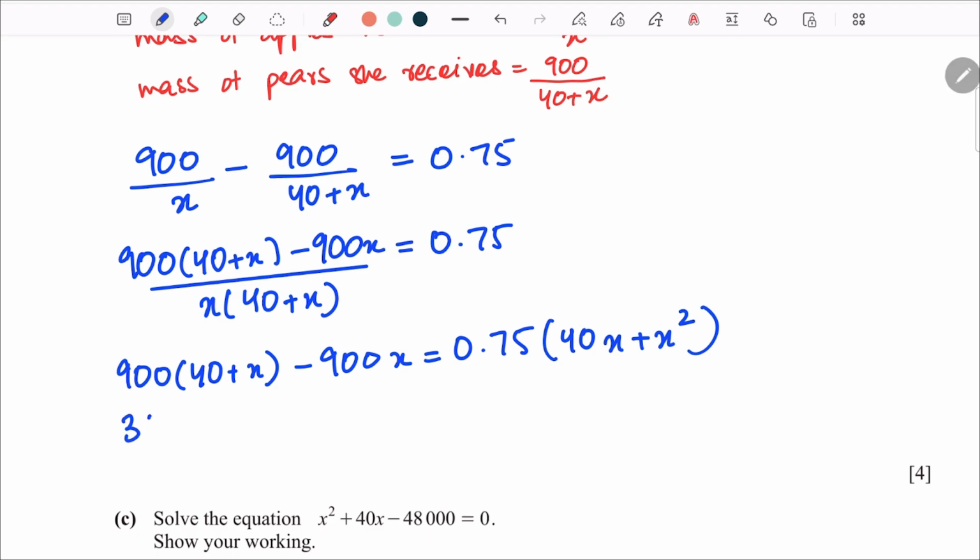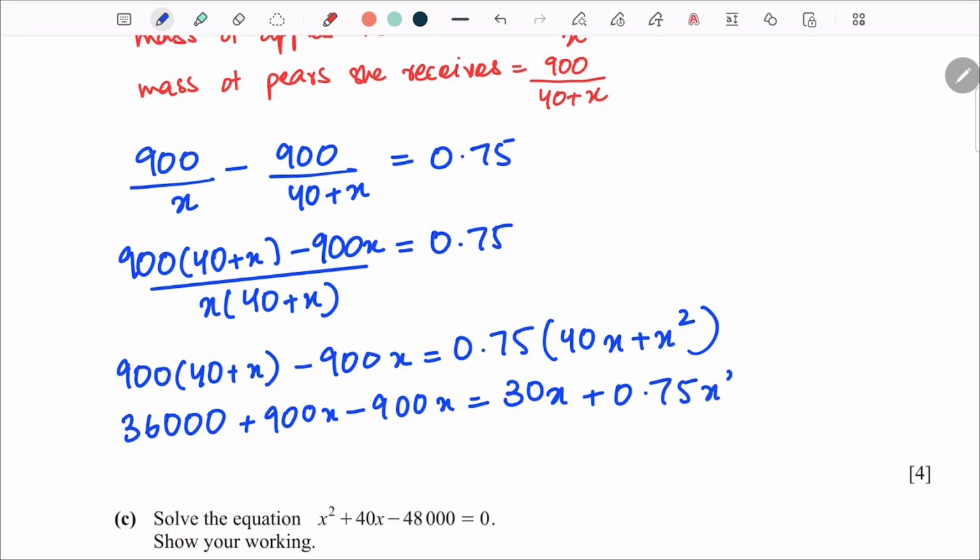This is going to be 36,000 plus 900x minus 900x is equal to 30x plus 0.75x square.